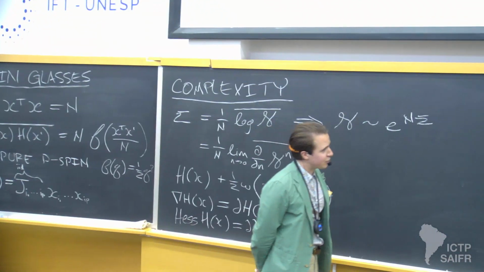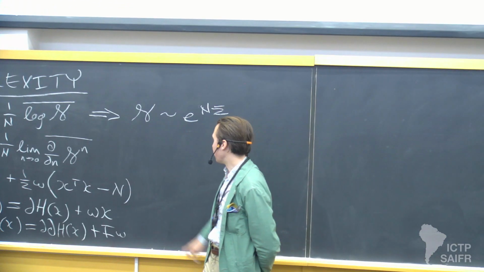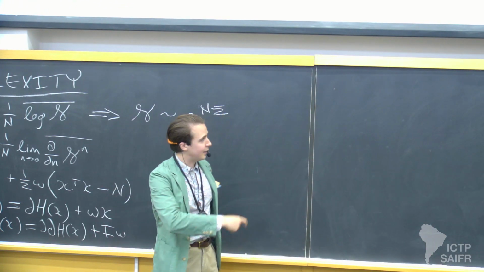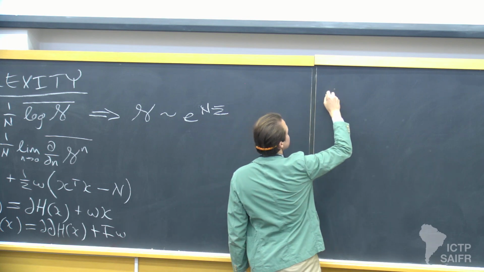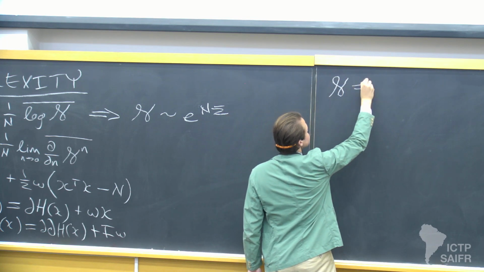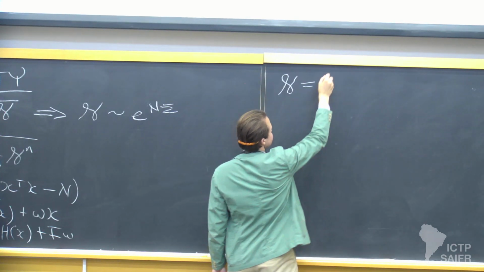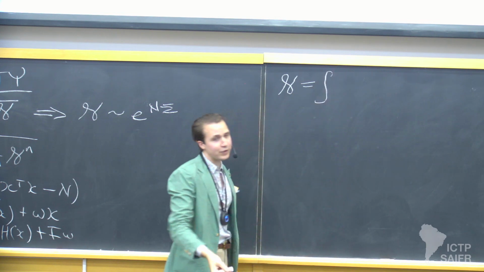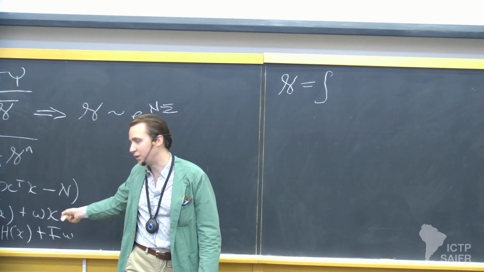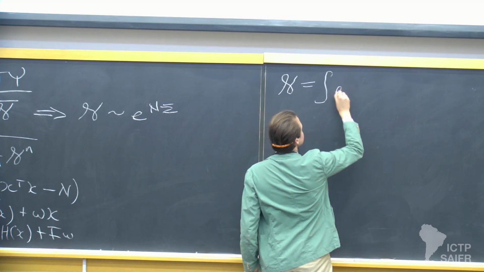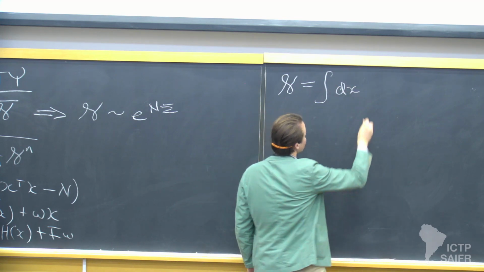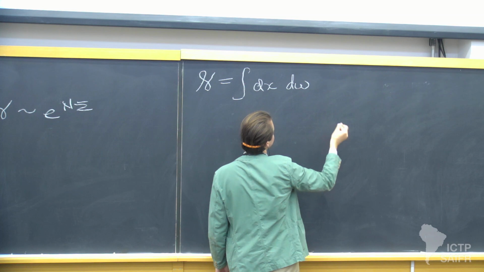And this leads us then to write down the number of stationary points, right, in a full glorious form. So we have N is equal to, as I said, an integral now over just all real x because we're using a Lagrange multiplier, dx d omega. We have to integrate with the Lagrange multiplier.